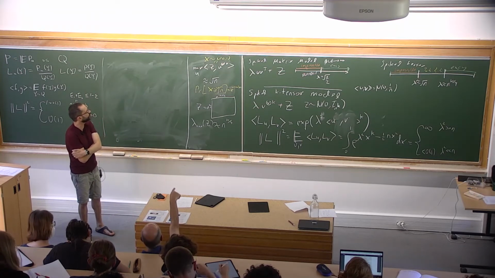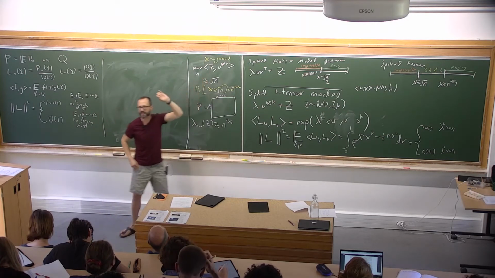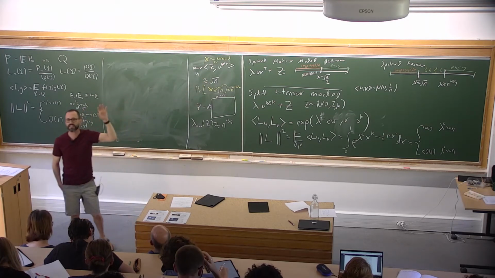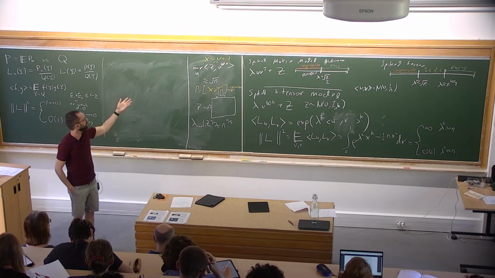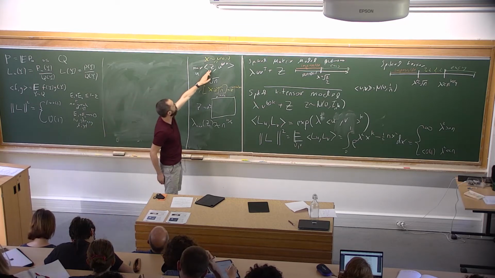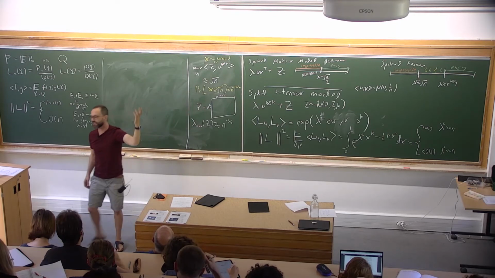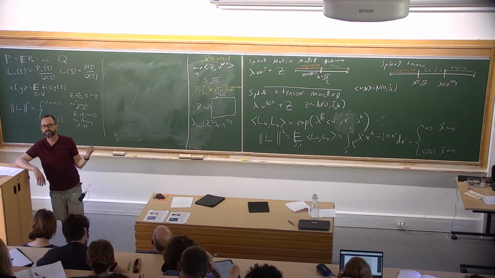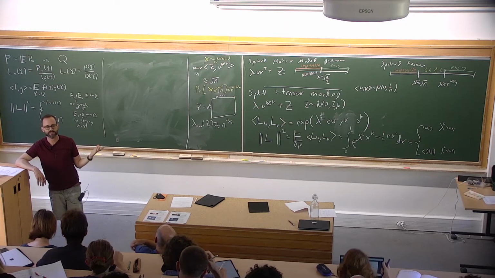For general Z, you can embed the SAT problem essentially in this type of problem. One way to think about it: you're trying to maximize a degree 3 or higher polynomial over the unit sphere.